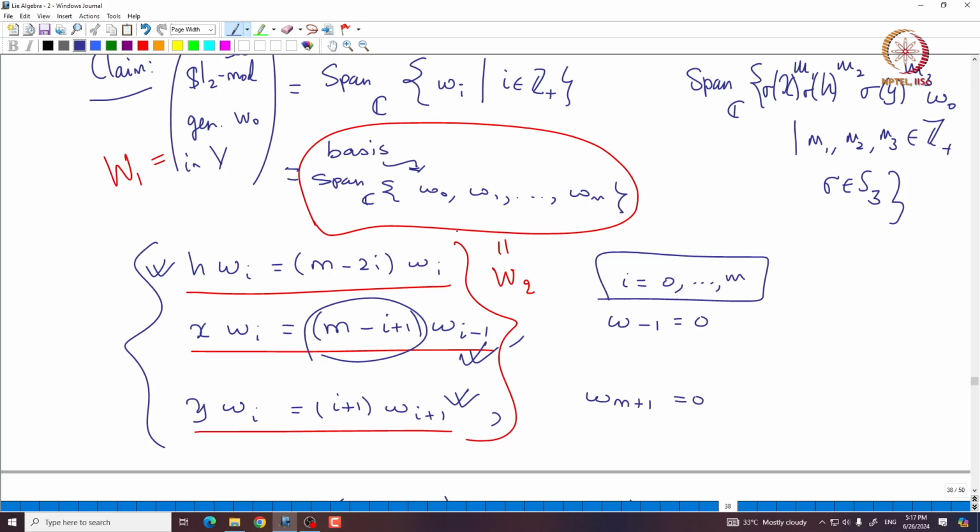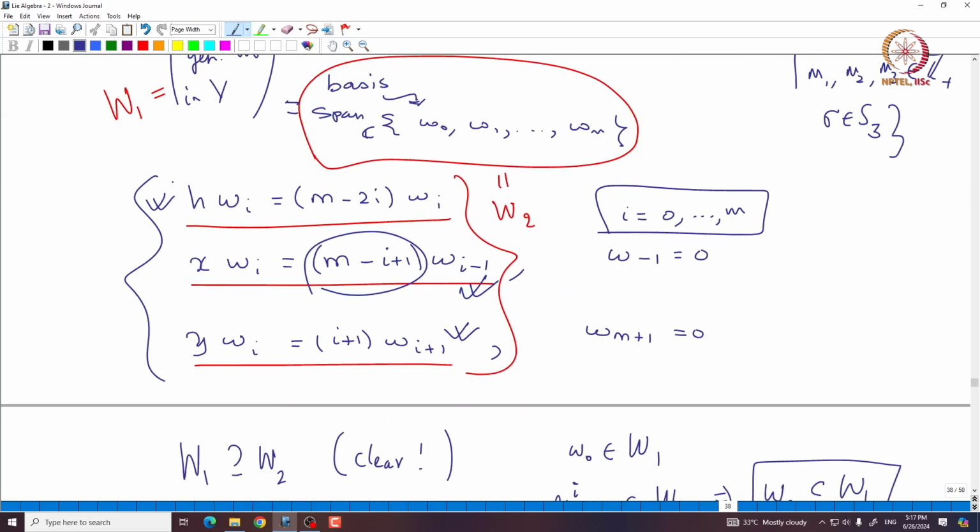In particular, all the eigenvalues of H on these vectors are distinct. So, these will be linearly independent. So, that will form a basis for this SL2 module generated by W0.